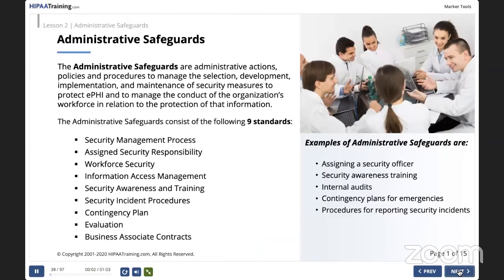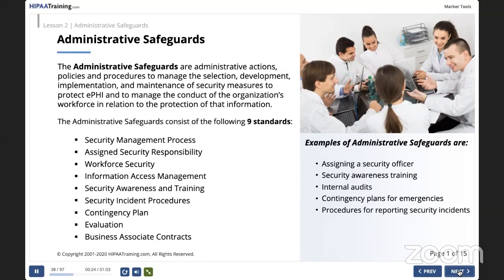Administrative safeguards. The administrative safeguards are administrative actions, policies, and procedures to manage the selection, development, implementation, and maintenance of security measures to protect EPHI and to manage the conduct of the organization's workforce in relation to the protection of that information.